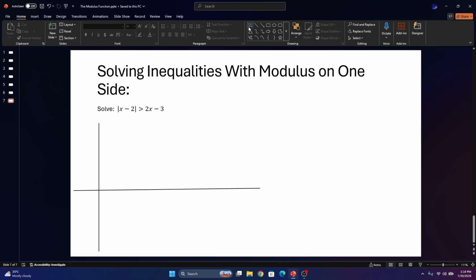First of all, we're going to draw the graph of the modulus. As you can see, the a part here is just 1. a is not written, so we can assume it's 1. As it is 1, which is a positive number, we know it's going to be an upright V graph.